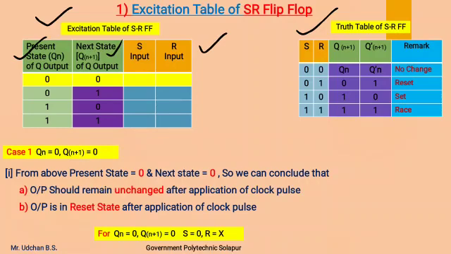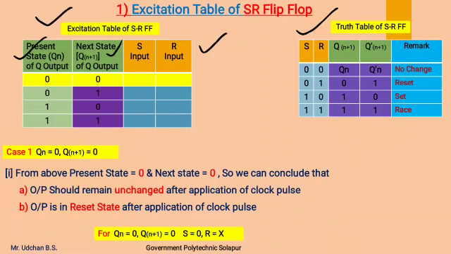As we have considered two variables, Qn present state and Qn plus 1 next state, the possible combinations will be 4, that is 0 0, 0 1, 1 0 and 1 1.